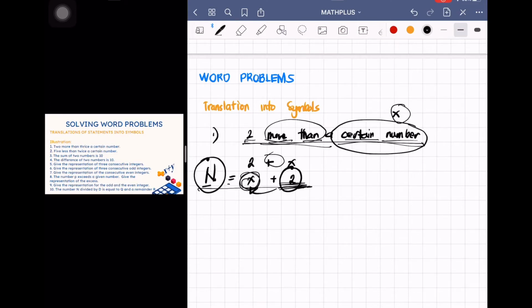Pero, this is what I do because doing translation per word, 'di ba? Per word based on appearance in the statement can change or may mislead you.